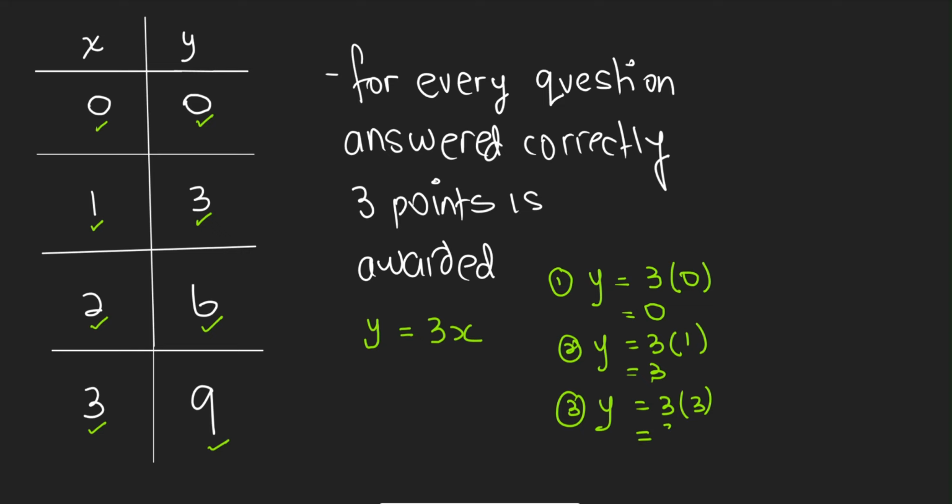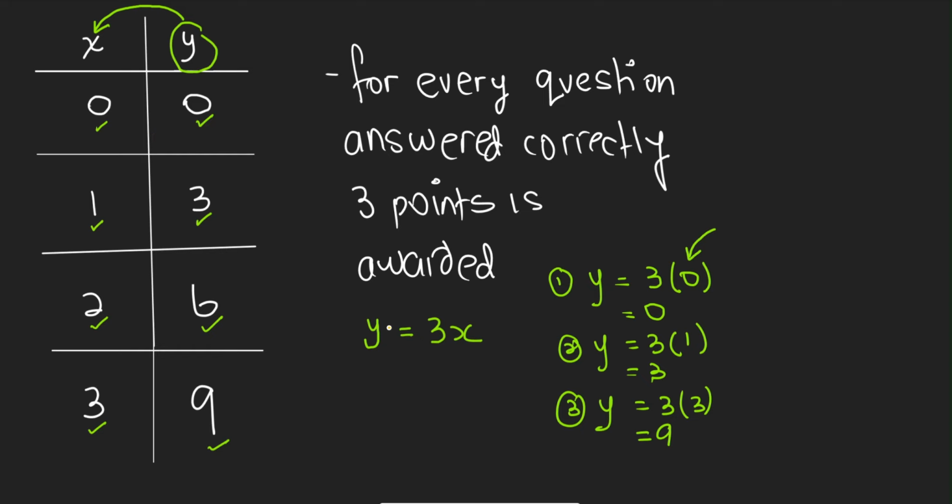The value of y is 9. So if you could see, only when I substitute variable x with a value, we could determine the value of y. Which means variable y depends on the input of variable x. Therefore, variable y is the dependent variable, and variable x is the independent variable.